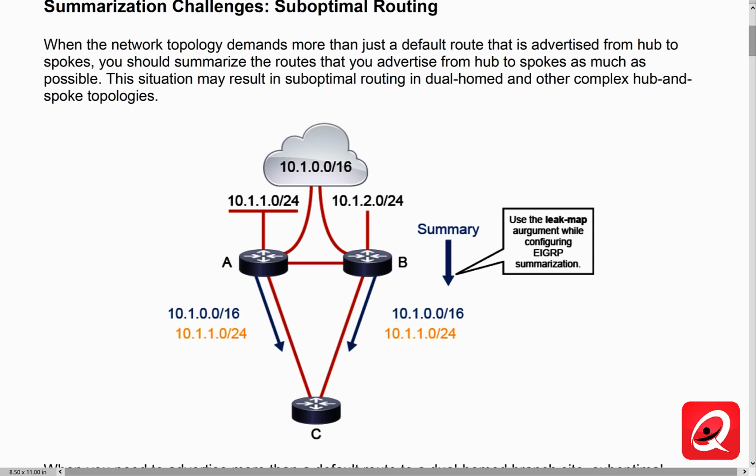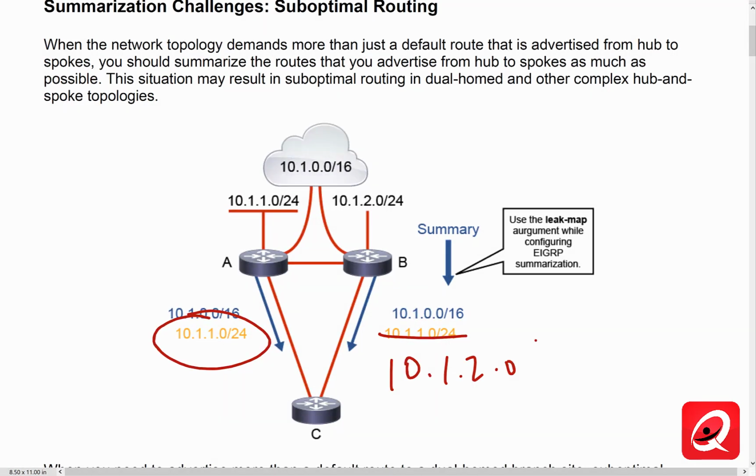Trying to clear off my markings here. Let's go ahead and do the summary, but let's go ahead and also leak out these more specific routes. This one should be 10.1.20. That would make a lot more sense, not 10.1.10. B should be summarizing the /16, but it should be leaking out this /24 for that specific network, which happens to be part of the /16 subnet.